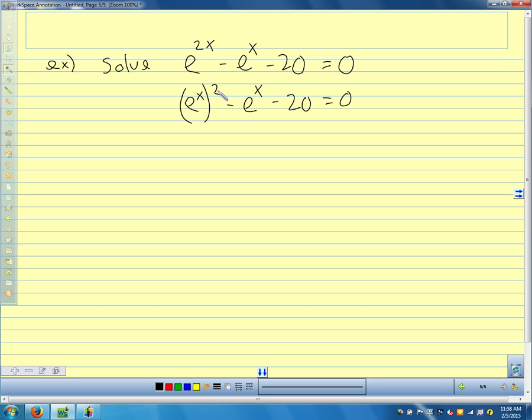When I raise a power to a power, I multiply the exponents, right? We did some of these when we did trigonometric equations. This is the same as x squared minus x minus 20 equals 0. But instead of an x, I have an e to the x. So how do we factor this thing?